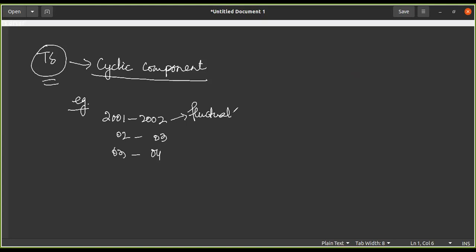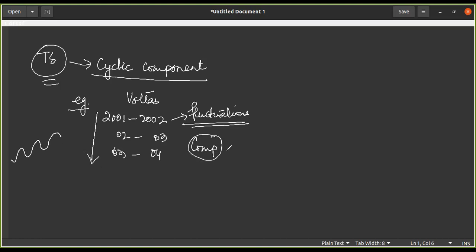Now it may well be that this Voltas AC, for example, was very popular between 2001 and 2004, and then some competitor came into the market and the trend was a little less.